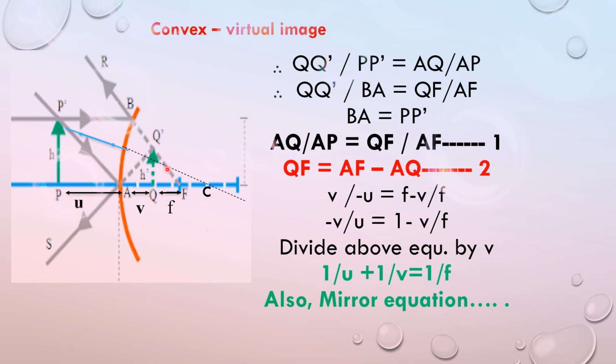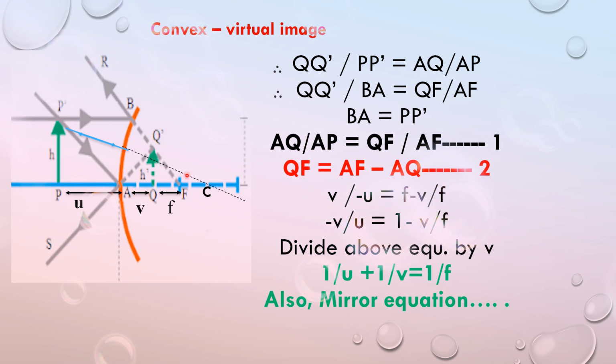So that's what we have drawn, one perpendicular line to the principal axis. We are considering that Q dash Q is a virtual image of the object P P dash. So we can say the mathematical expression for this is that the right angle triangles Q dash QA and P dash PA are similar.